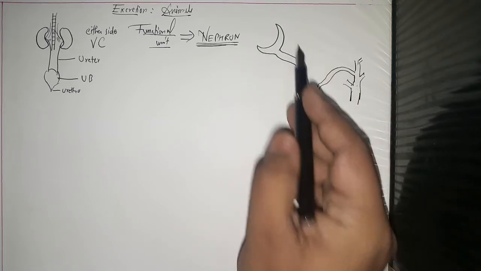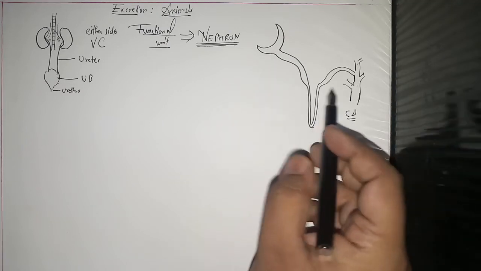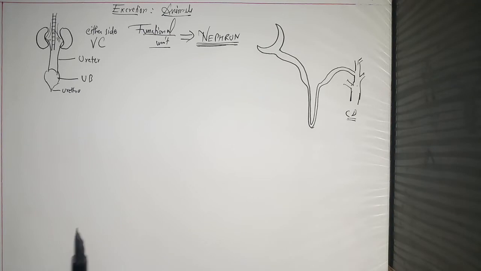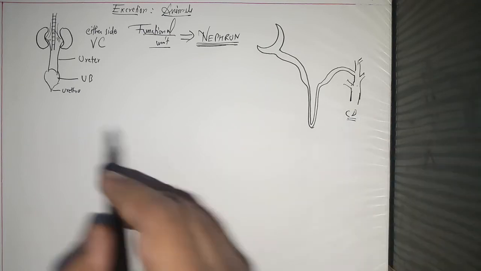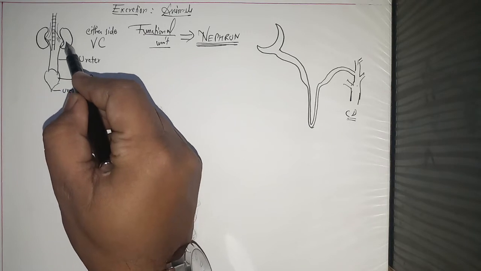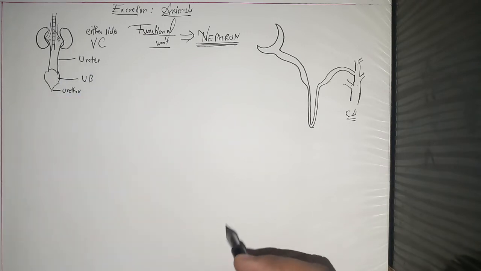This is a nephron. This is a collecting duct. There are many nephrons connected to one collecting duct, and these collecting ducts empty their content into the kidney, which is carried by the ureter and out.